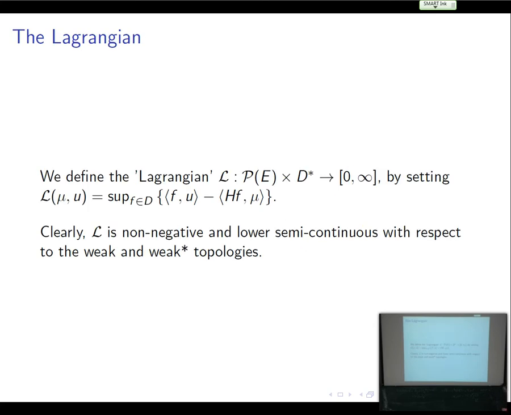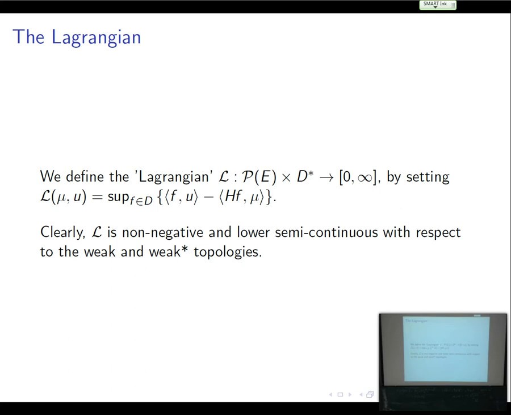Well, now we come back to the thing we started out with. So V was the Legendre transform of, let's say, the conditional large deviation rate function. And so I want also to have the Legendre transform of H. And this we will call the Lagrangian, which I can now define.